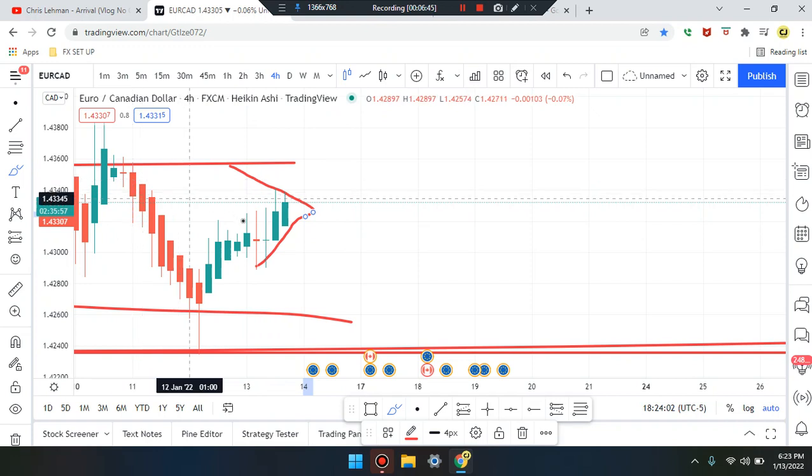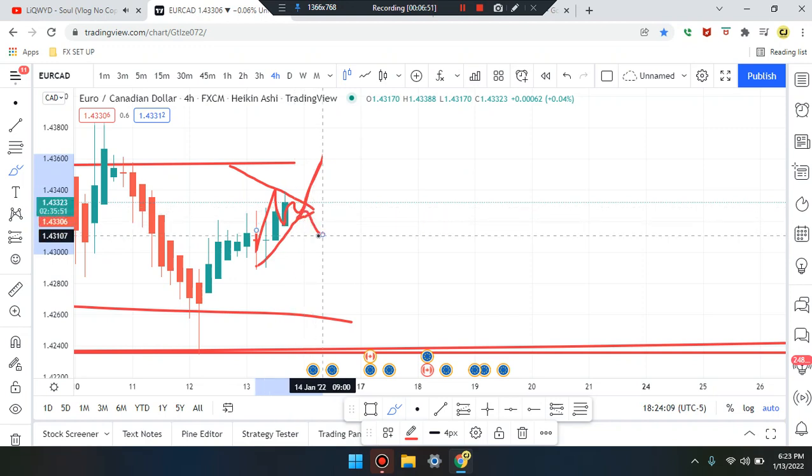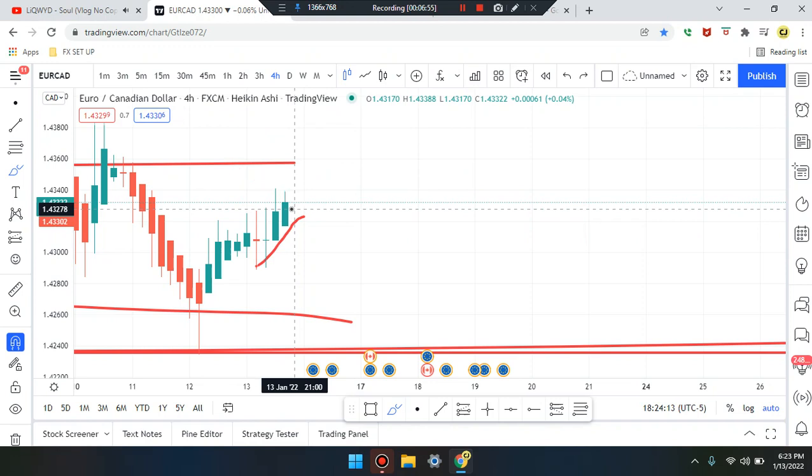We can see the market is breaking up and down in that area. So we'll be waiting for the market to form something for that breakout to the downside or upside. Could be a WM in there, could be an M, or could just consolidate until we get that breakout.